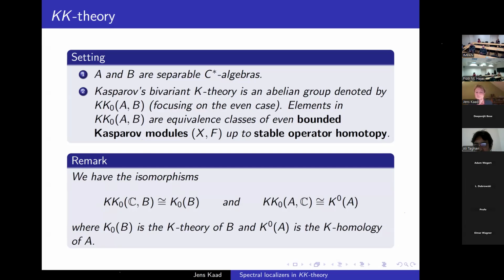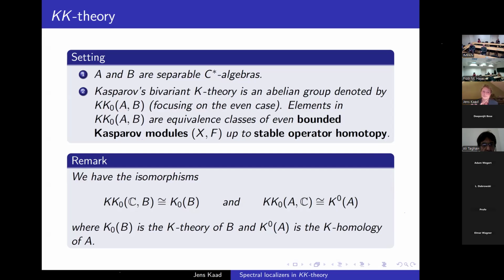And another special case is when the second entry is the complex numbers, then the KK group is isomorphic to the analytic K-homology of the first entry. So both of these theories, K theory and K-homology, are contained inside KK theory as special cases.